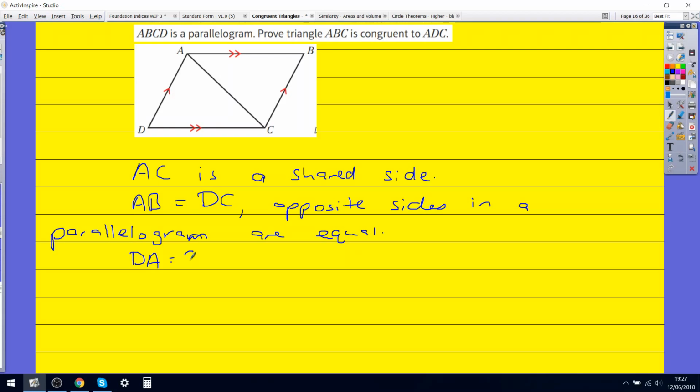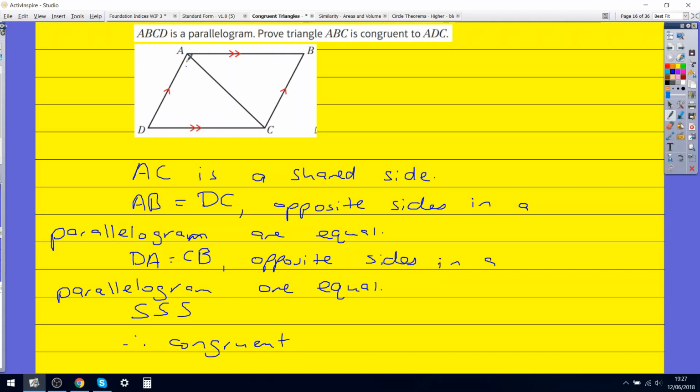Next, you'd say side, and therefore it's congruent. That's just a short way of saying all three sides are the same, therefore triangle ACD is congruent with triangle ABC.